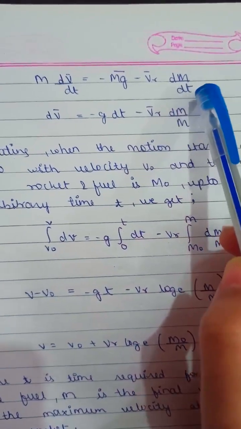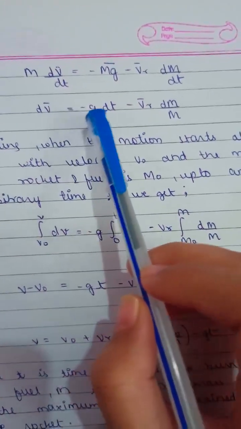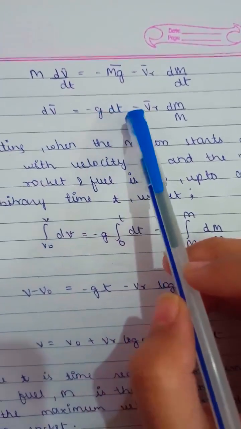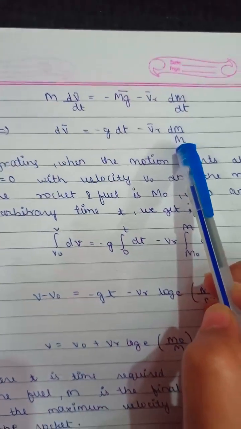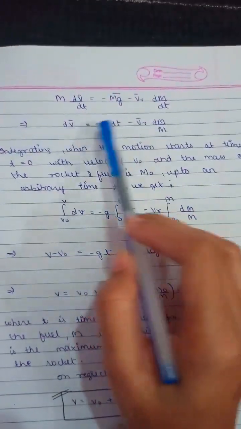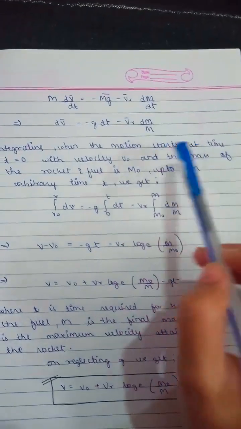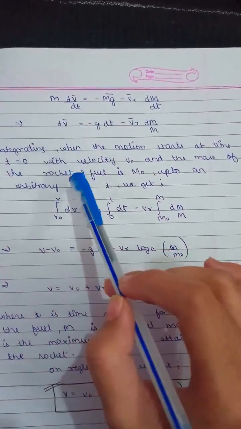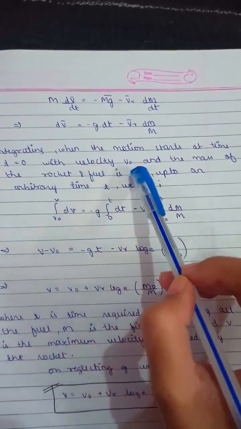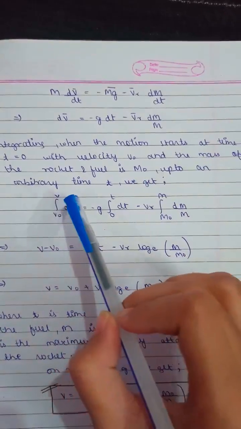Now we will divide the whole equation by m. We will get dv = minus g dt minus Vr dm/m. Now we will integrate this equation with certain conditions. When the motion starts at time t naught, the velocity is v naught and the mass of the rocket and fuel is m naught, up to an arbitrary time t.